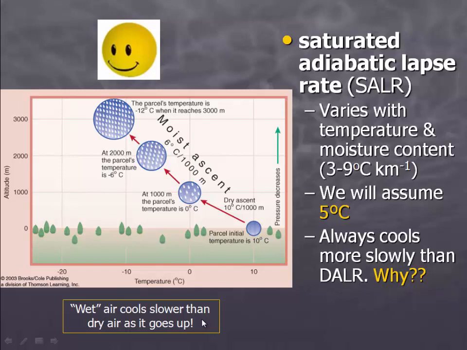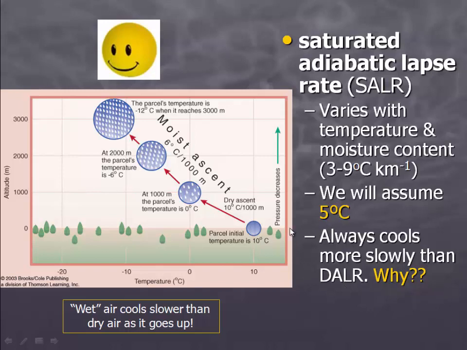There's a reason for this that we'll talk about later on in the semester, but let's bring this up right now. Maybe you have some ideas as to why parcels will cool at a slower rate if they are saturated versus being dry. So if you can come up with some of those things, maybe write them down.